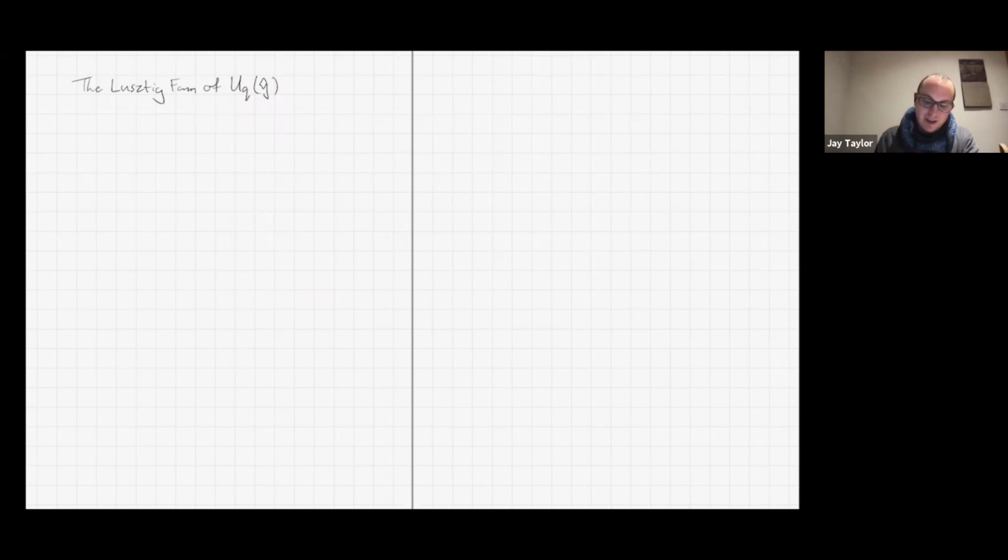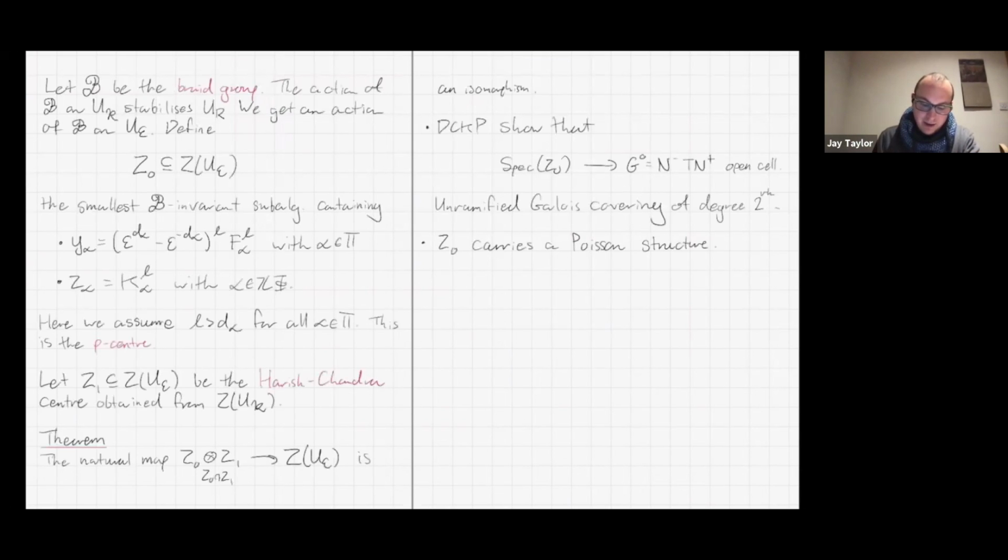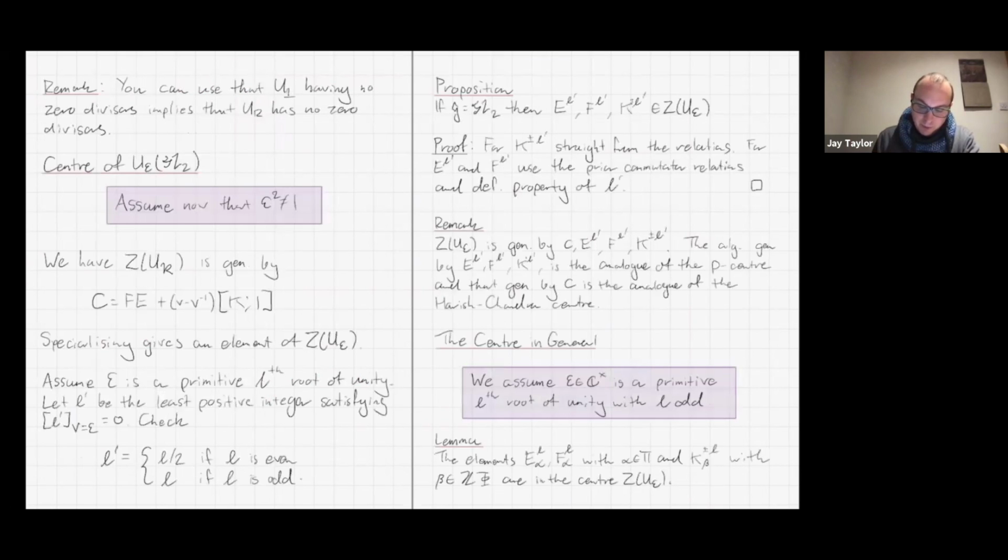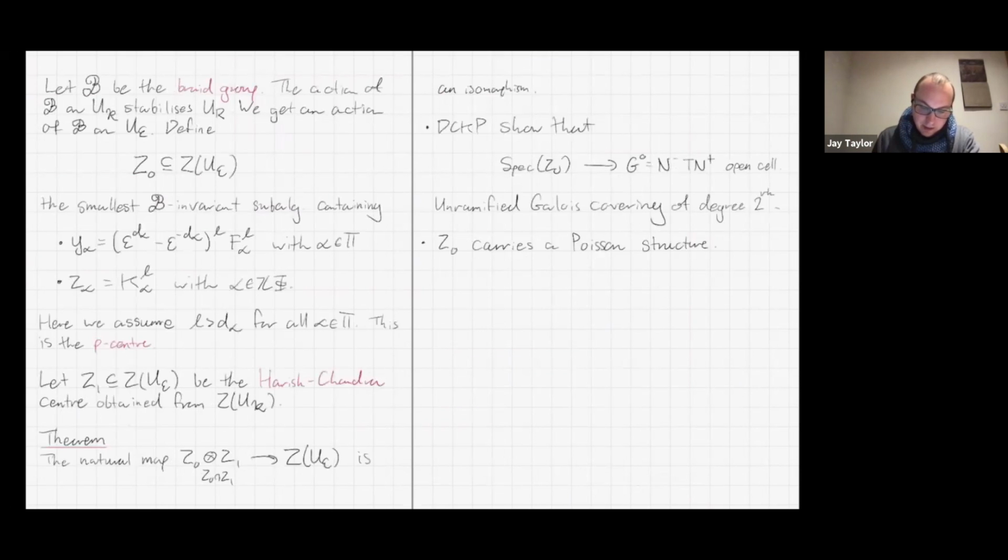I didn't really get into it specifically, but these generators, these Y alphas, using the braid group action, you can construct more Y alphas for not necessarily simple roots, and you can construct their negatives as well using the braid group action. And they show that the p-center is essentially polynomial in those generators.